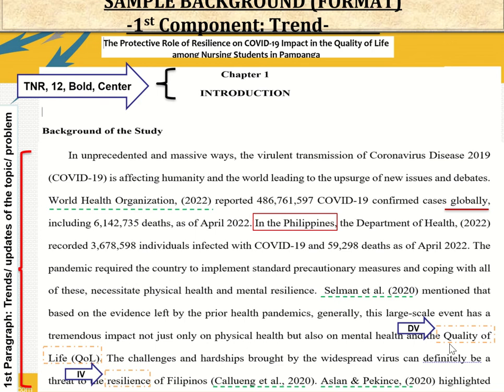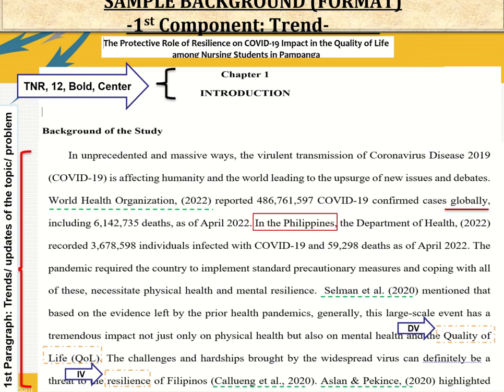Pinakita dito in the first paragraph our major variables in the study, such as the quality of life, this is the dependent variable, and the independent variable, which is resilience. So again, in your first paragraph, ma-identify yung ating mga major variables. And again, you can define your major variables here para magkaroon agad ng ideas or information si readers nyo about the major variables.